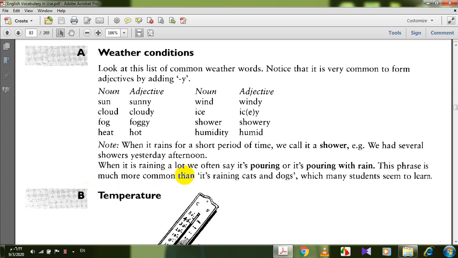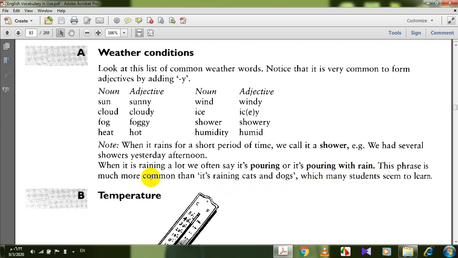When it is raining a lot, we often say it is pouring with rain, or it is pouring. Okay, this phrase is much more common than it is raining cats and dogs. This is cliche, okay? Americans say it's pouring with rain.